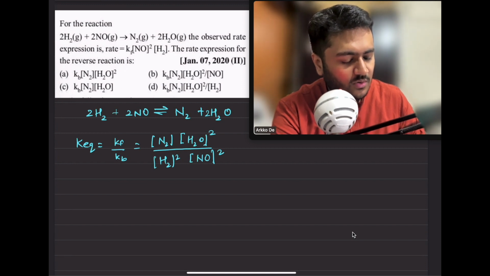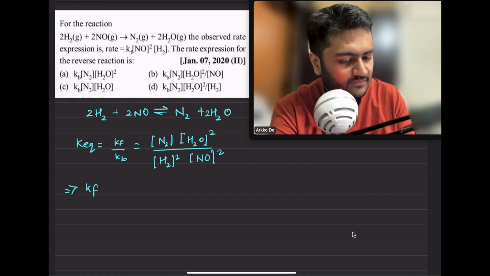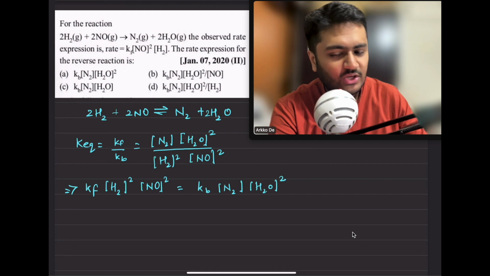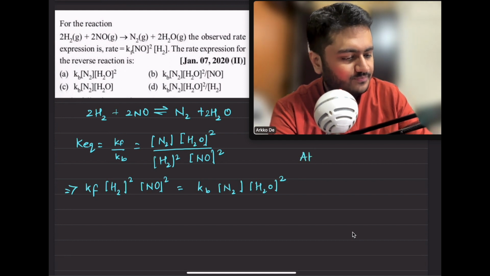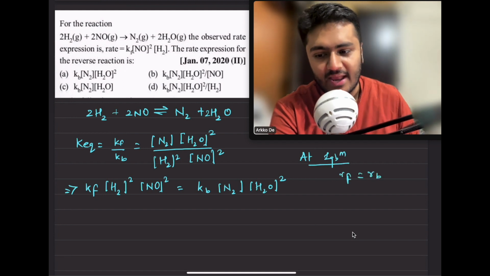Alright, we can further solve it and write this as Kf multiplied by H2 square and NO square. This will be equal to Kb multiplied by N2 into H2O whole square. We know that at equilibrium, the rate of forward reaction will be equal to the rate of backward reaction.